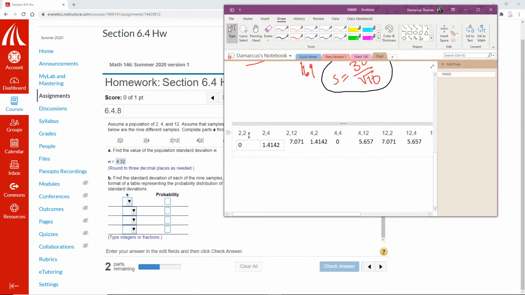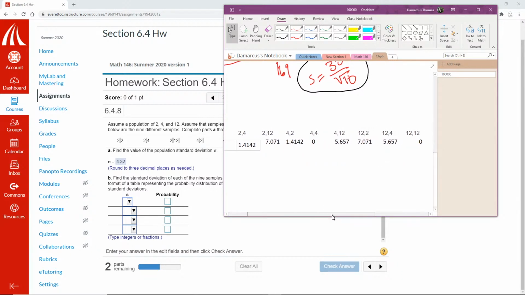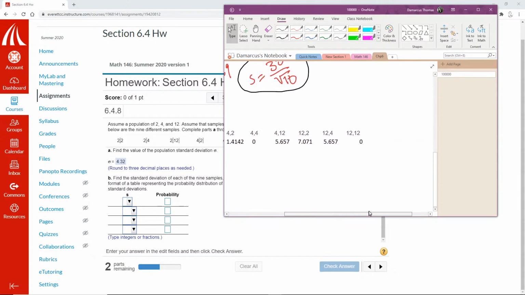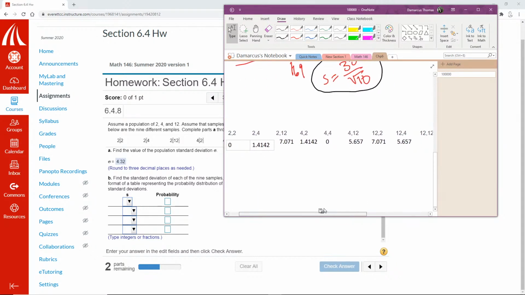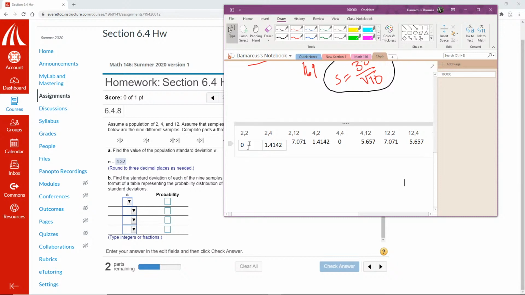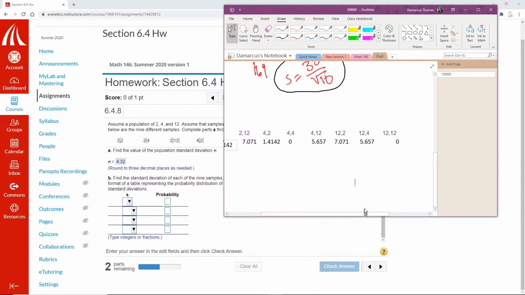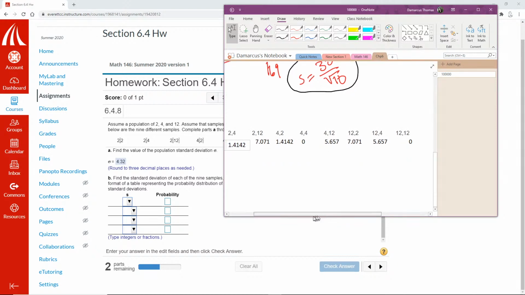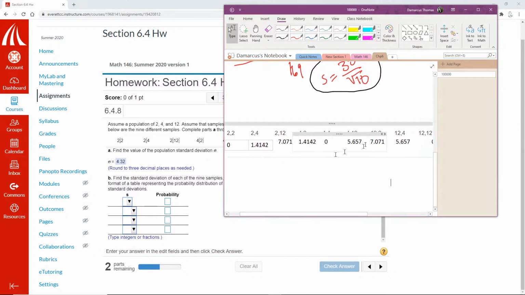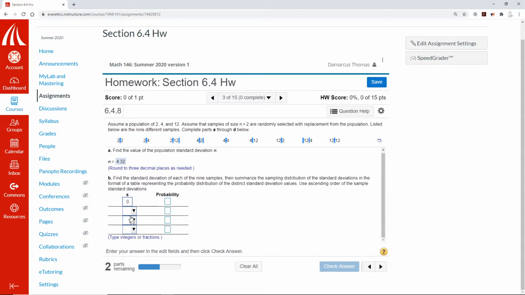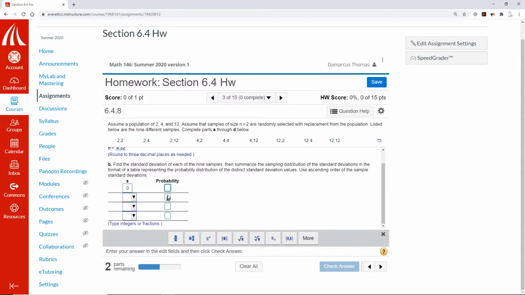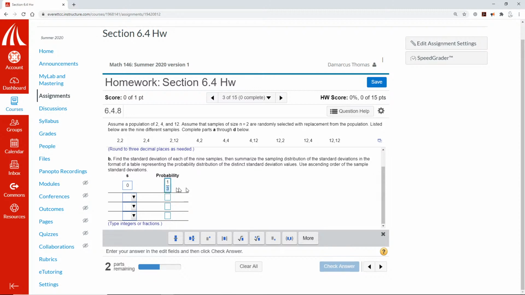All right. Now, what do they want me to do from here? Once I've found the standard deviation of everyone, I need to simply calculate the probability of getting each one. Like, what's the probability of getting a 0? And there's 9 of them. There's 3 zeros out of 9. So the probability of getting 0 is 3 over 9, which reduces to 1/3.